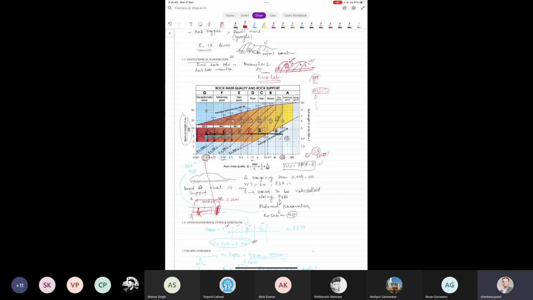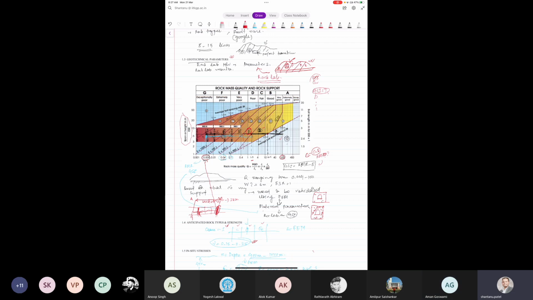Is it kind of clear? Yes, sir. So let's say the same D-shaped tunnel you are designing in Q value of 0.004. That means this will be super crushed kind of rock, highly disintegrated rock. And when you are talking about Q value of 100, then it is almost intact rock with minor joints here and there.